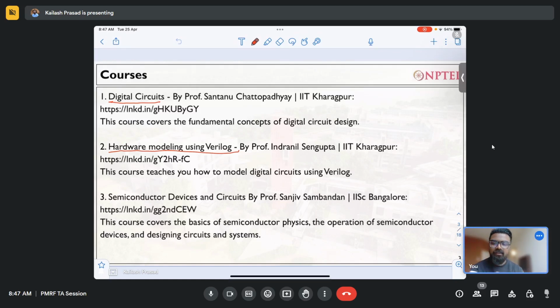One of the very good courses from IISc Bangalore is Semiconductor Devices and Circuits by Professor Sanjeev Sambandan. The course covers the basics of semiconductor physics, the operation of semiconductor devices, and how you use these devices to design circuits and systems.